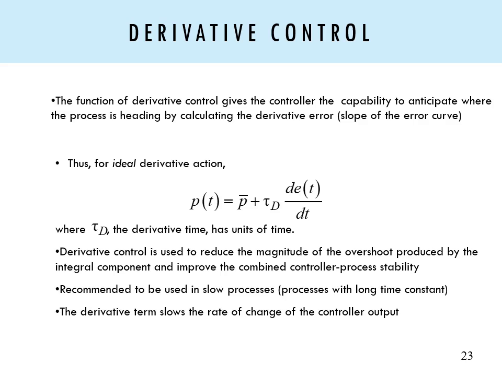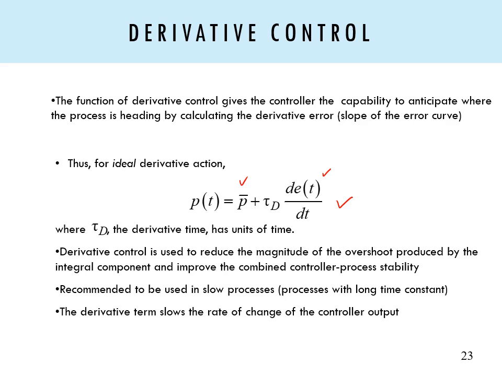Basically, the function of the derivative is the capability to anticipate where the process is heading by calculating the derivative of the error in the controller. The derivative action is given by this equation: the controller output is equal to bias P plus tau D, also known as the derivative time, times the derivative of the error in the controller.